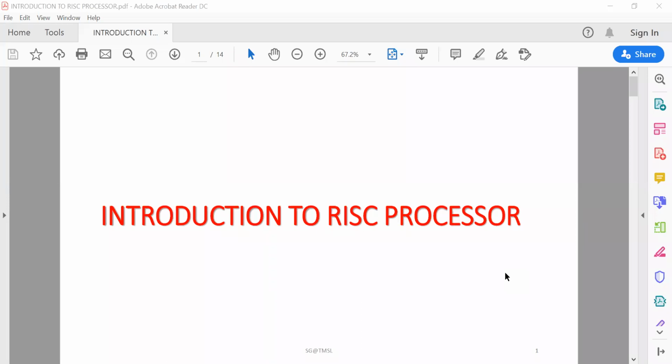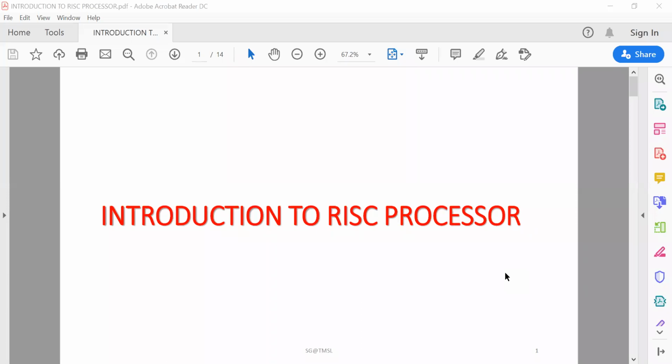So, I'd like to discuss the RISC processor. This topic is based on the RISC processor. Before the introduction to the RISC processor, I need to discuss something about the CISC processor. There are two types of architecture based on the instruction set, CISC architecture and RISC architecture.